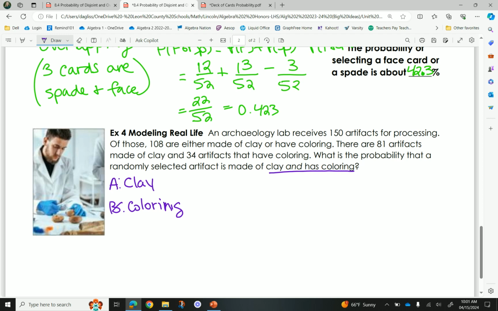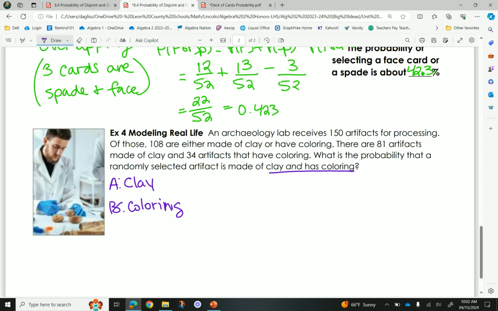Okay. So I can use our formula from earlier because they also told me the or. So I know just coloring, I know just clay, I know coloring or clay. So I can use those 3 to find the missing piece, coloring and clay. So it's the same equation, just a different piece is missing this time. Okay. So what do we know?